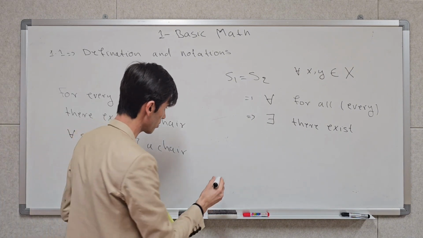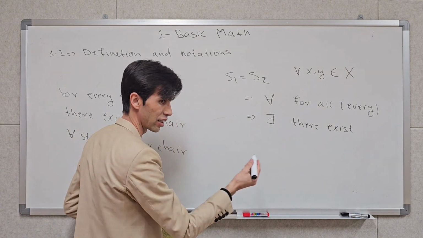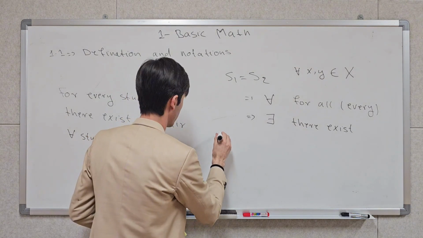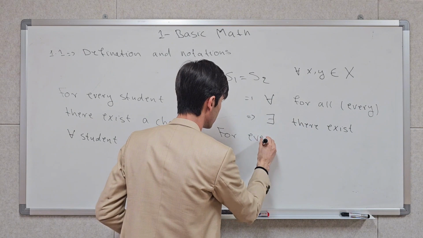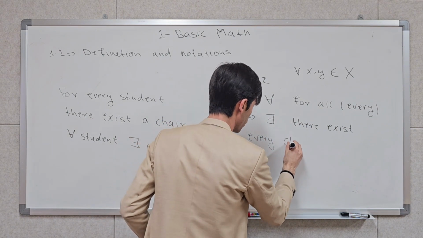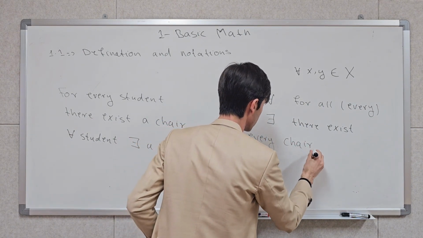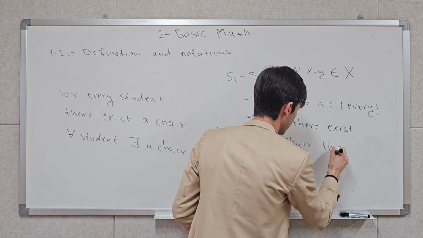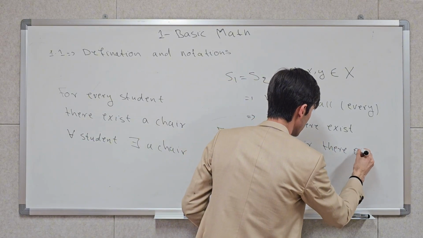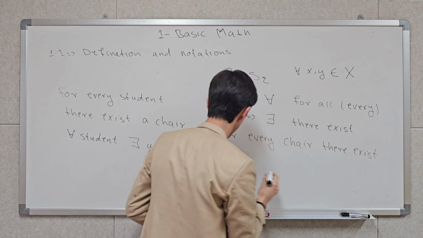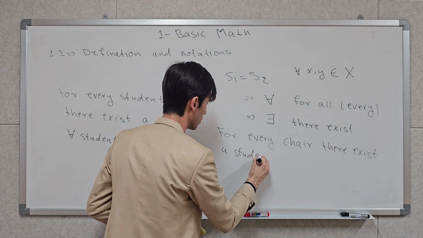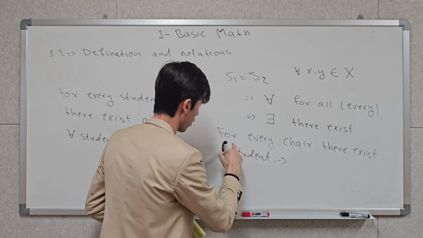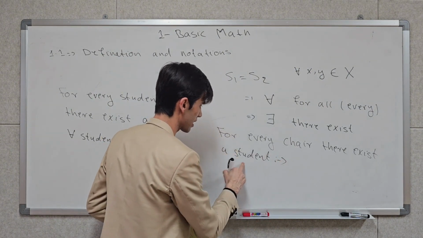Or, for example, another example: for every chair there exists a student. For every chair, there exists a student.